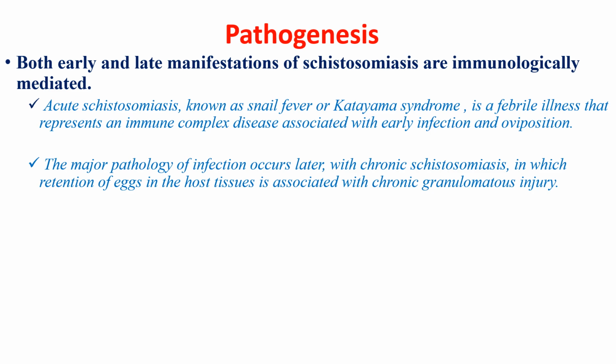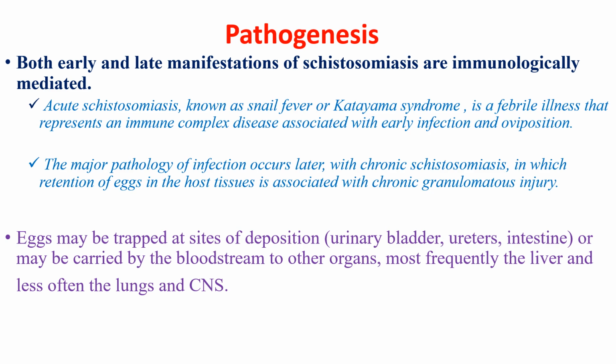In this case, there is a retention of eggs in the host tissue, which is associated with chronic granulomatous injury. Eggs may be trapped at sites of deposition, such as the urinary bladder, ureters, and intestine, or may be carried by the bloodstream to other organs, most frequently the liver and less often the lungs and the CNS.